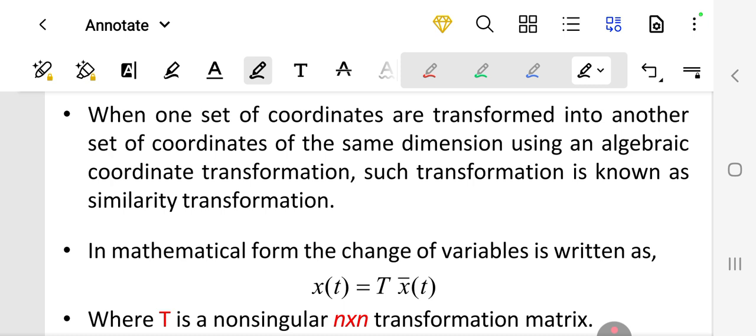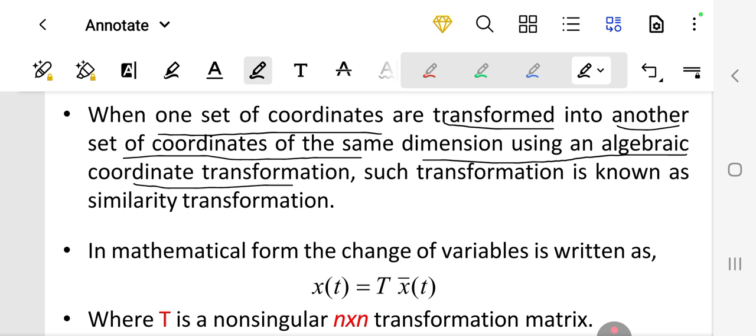When the coordinates are transformed to another set of coordinates with the same dimensions using an algebraic coordinate transformation, this transformation is known as similarity transformation.